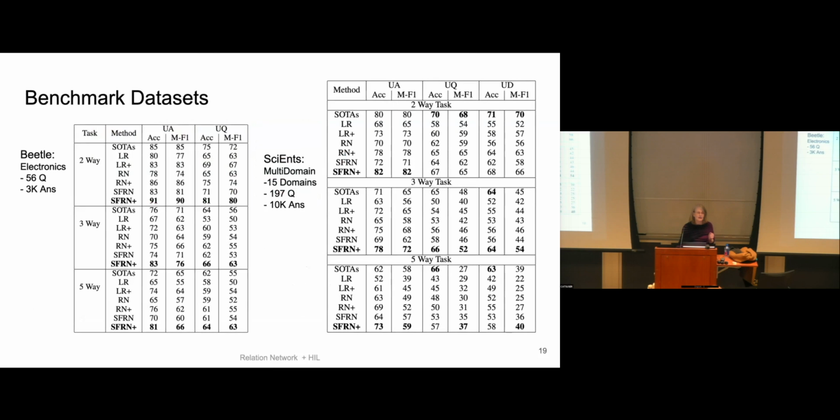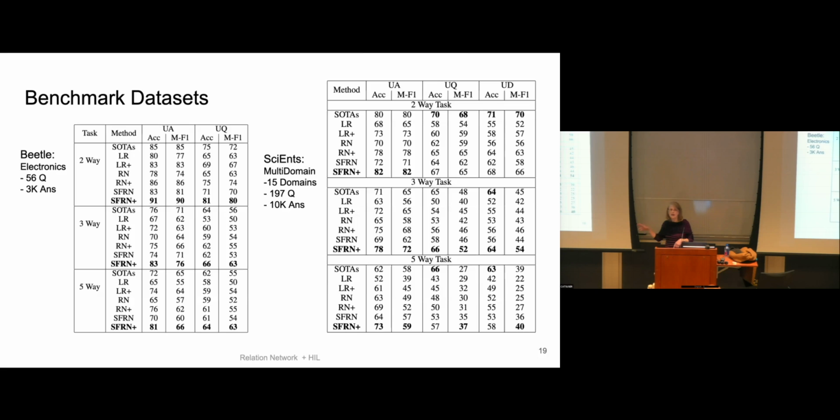There's a lot of proprietary data out there that we can't get access to, and unfortunately not a lot of open access data, but this is one of them. SemEval is divided into Beetle, which is all about electricity and electronics, 56 questions, 3,000 answers. And then Science, which is 15 science domains, 197 questions, 10,000 answers.